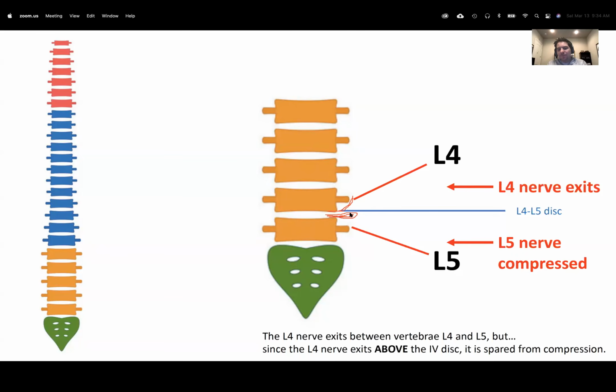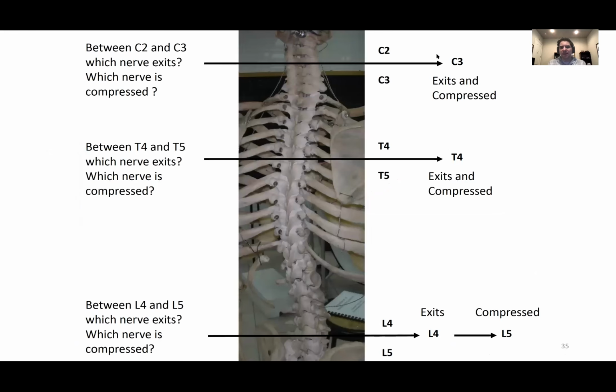So L4 is spared, and the next nerve that comes out is L5. So that herniation is going to hit L5. Even though the L4 nerve exits between L4 and L5, it exits above the disc, and because of that, L5 is what's affected. I think I have one more slide.